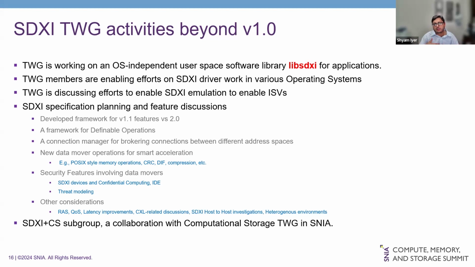The work group is also defining new data mover operations like POSIX style memory operations, CRC, deflate, compression, etc. We're also looking at SDXI features that involve these types of memory data movers. For example, how to address memory that could be in a confidential memory, and be able to move from one confidential memory region to another confidential memory region.